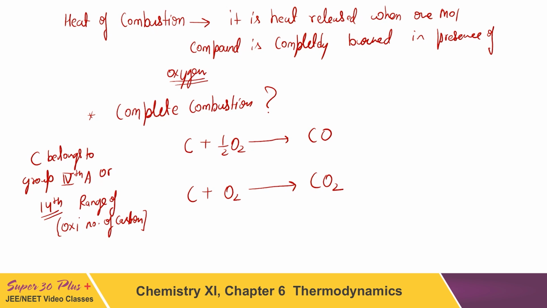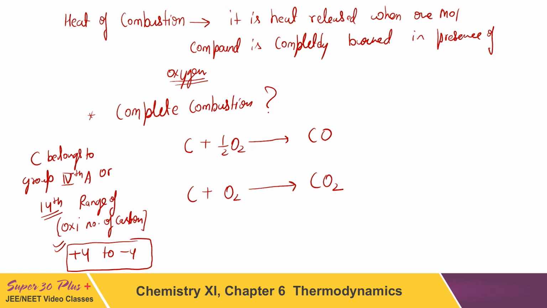The range of the oxidation number of carbon is +4 to -4. Till the moment carbon does not convert into +4, which is the highest oxidation number of carbon, it will not be considered complete combustion.